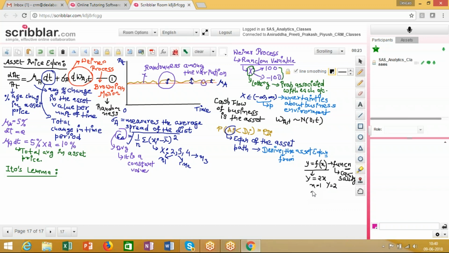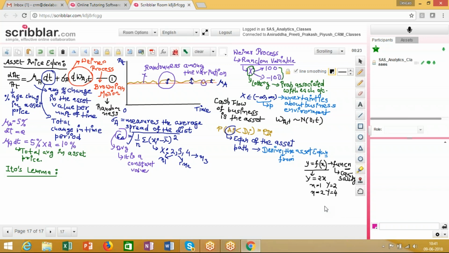When the value of x is 2, the value of y is 4, and so on. So whenever I'm trying to frame this, x equals 1, y equals 2; x equals 2, y equals 4; x equals 3, y equals 6, that is where this entire idea comes in. I want to frame an understanding of this particular point.